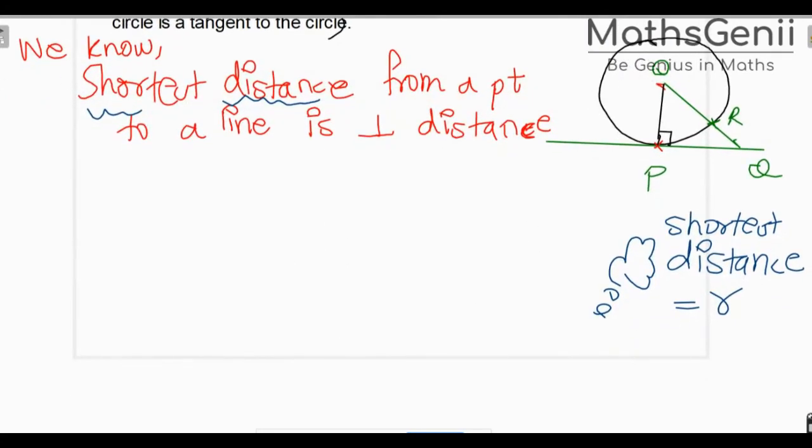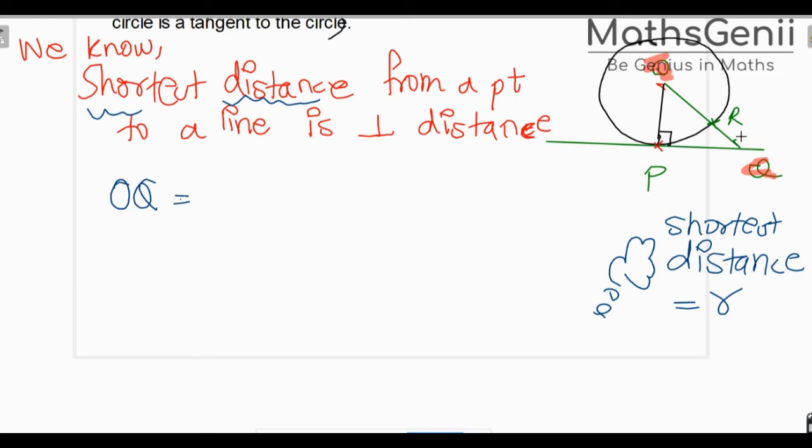Now look at this triangle. Before that, look at the line OQ. Okay, look at the line OQ. When you look at this line, what do I find? That this big OQ line is made up of two small lines.